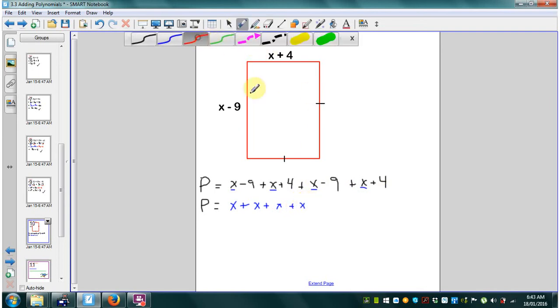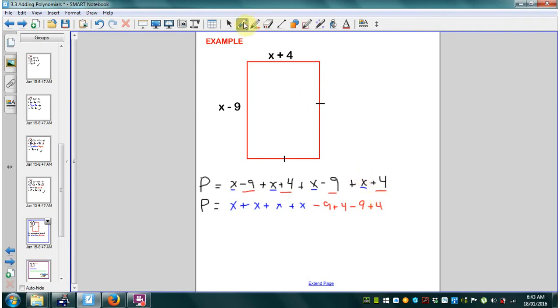Okay, and then I'm going to group together all my constants. Minus 9, positive 4, minus 9, and positive 4.